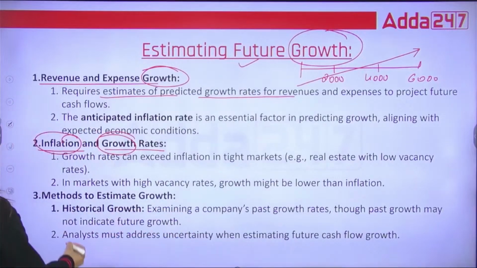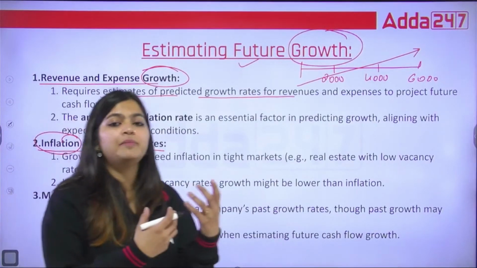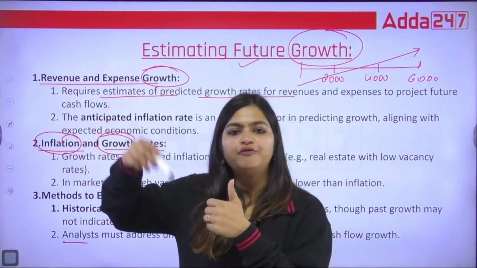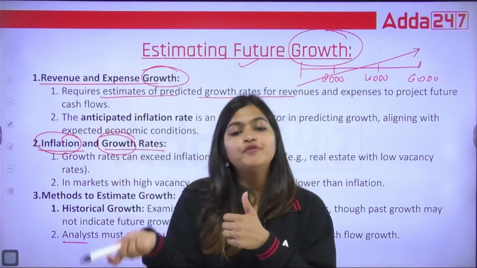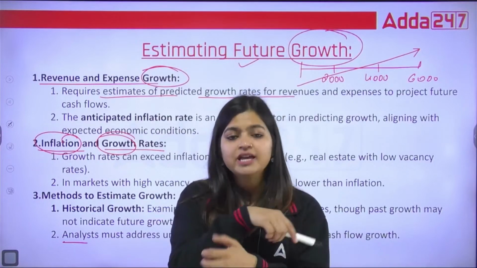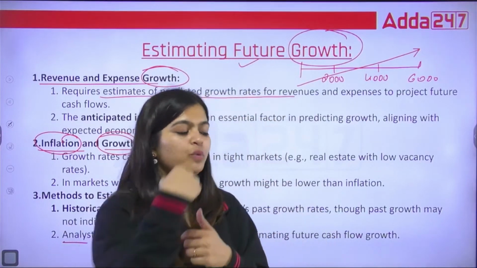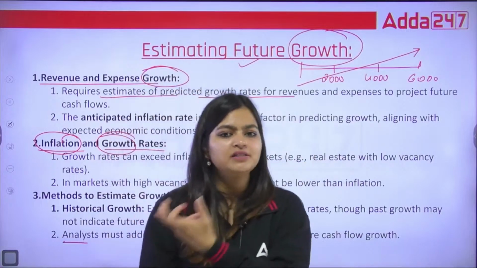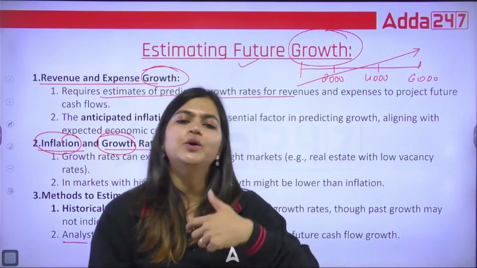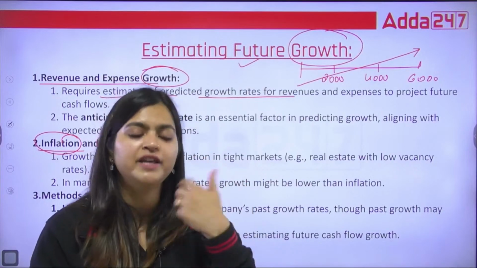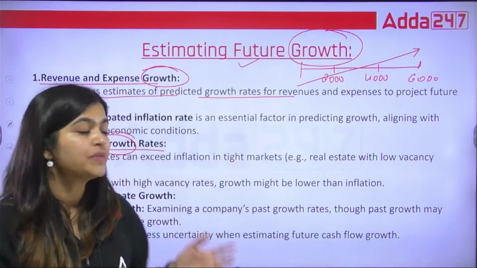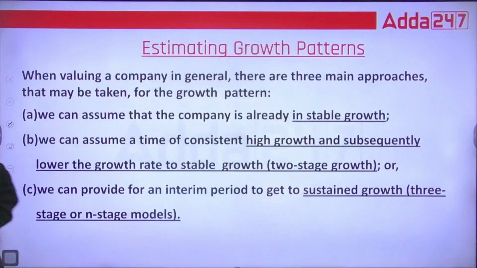Next is the analyst approach: you directly think about the future, without using past performance data, taking the help of experts to analyze the future growth. These are the two ways through which you can understand it.